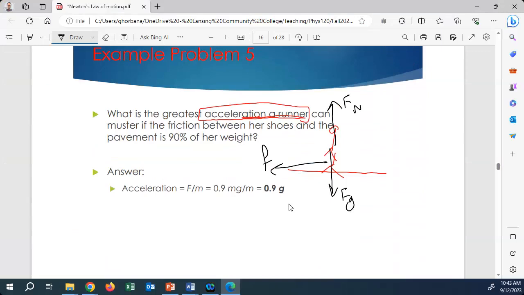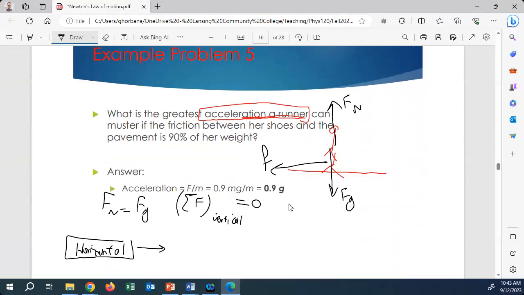When the person is running, they don't go up and down. Normal force and force of gravity, Fn and Fg, cancel each other. It means that the net force in the vertical is 0. How many forces do we have in the horizontal? One. What is that force?